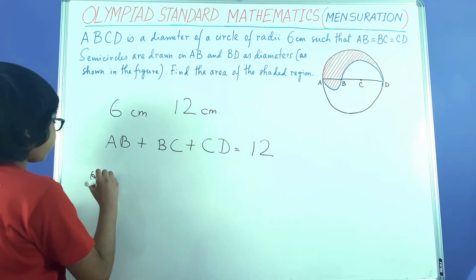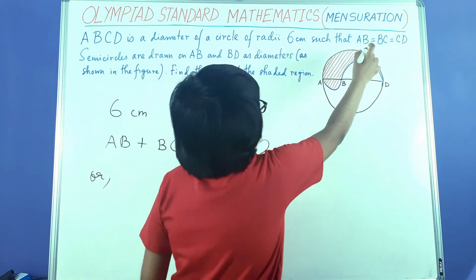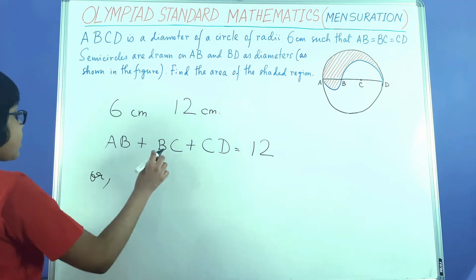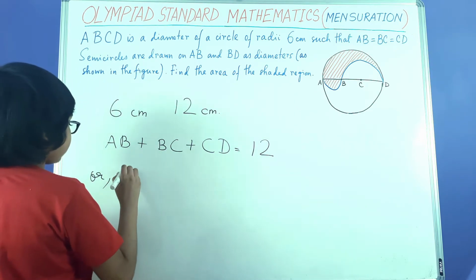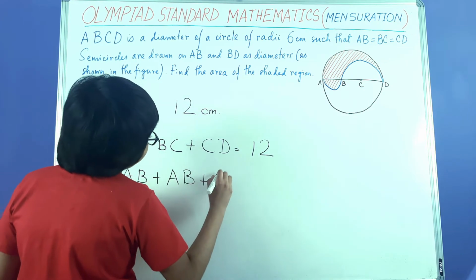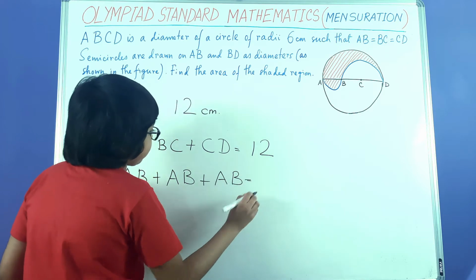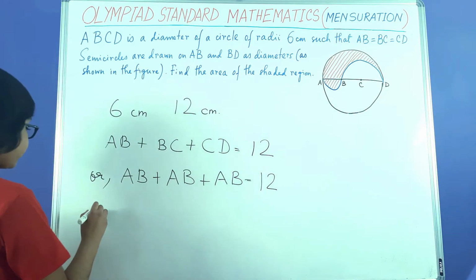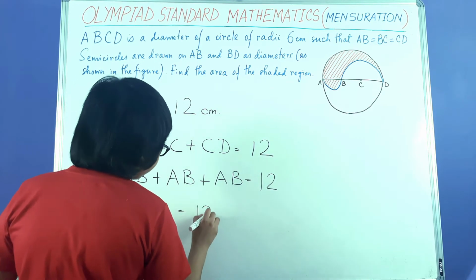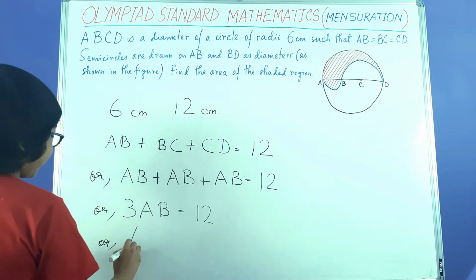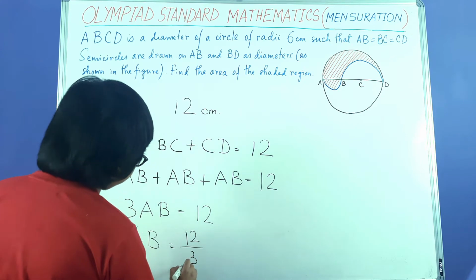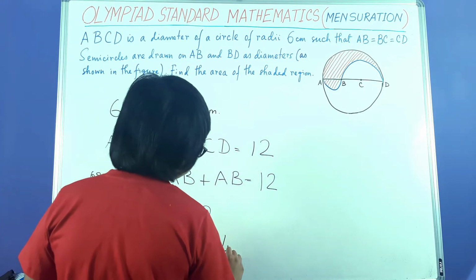Here, as per the information, AB equals BC equals CD. Therefore, we can replace BC and CD with AB, and write it like this: AB plus AB plus AB equals 12, or 3AB equals 12, or AB equals 12 by 3, equal to 4.